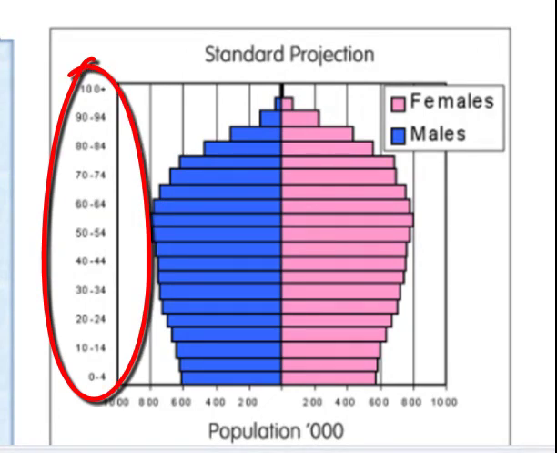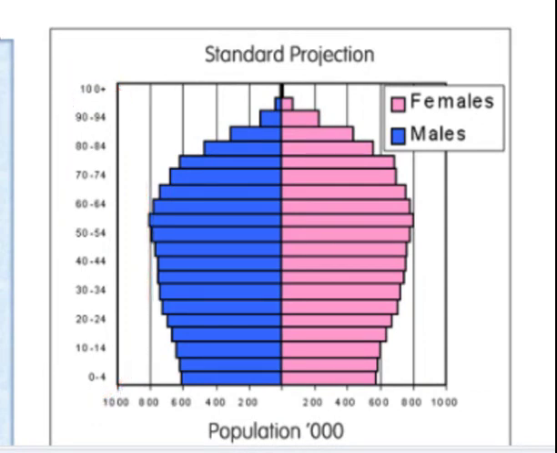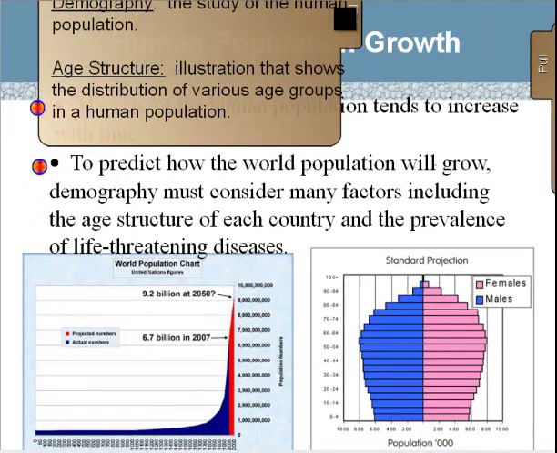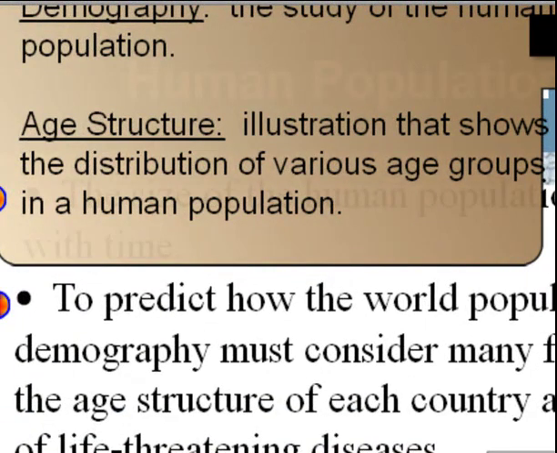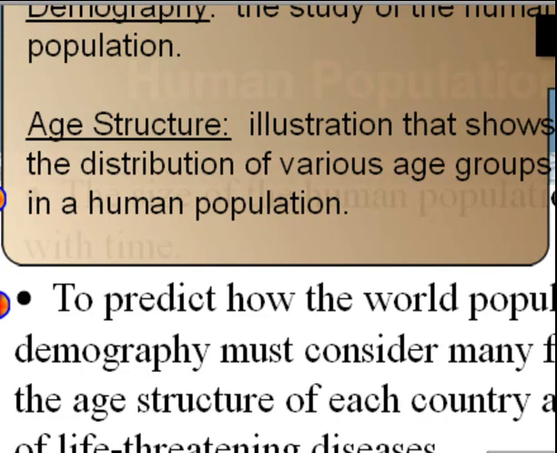And so if we wanted to, we could look to see what percentage of the population or how much of that population is within a certain age range. And you can see that the majority of this population is within the 40 to 60-year-old range. Knowing that information, it will allow people to make predictions as far as how that population will grow over time. Again, that is called an age structure diagram. So it's an illustration that shows the distribution of various age groups in a human population.